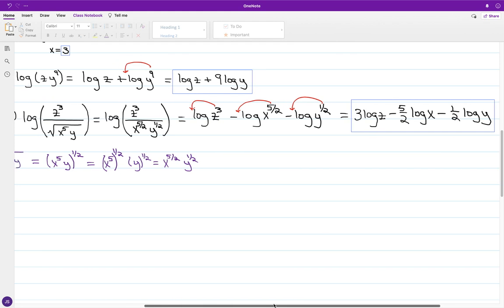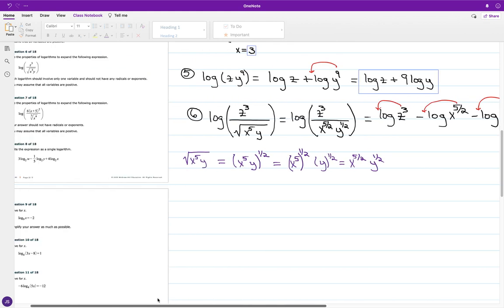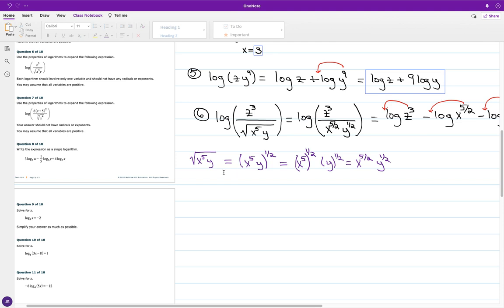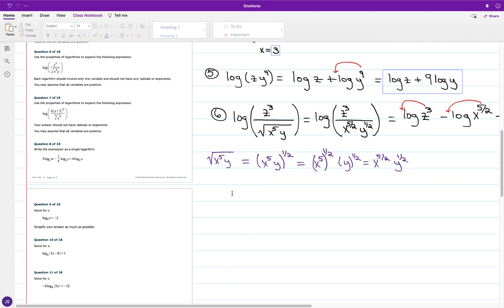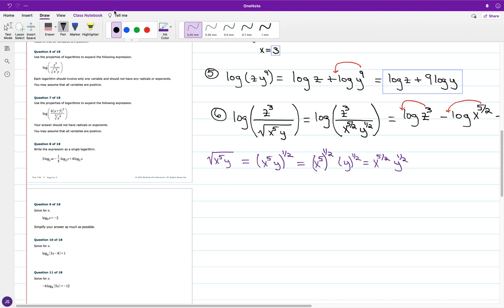So that one, a little bit of a tricky one, especially with the clustering of terms inside the radical, but still solvable and expandable.